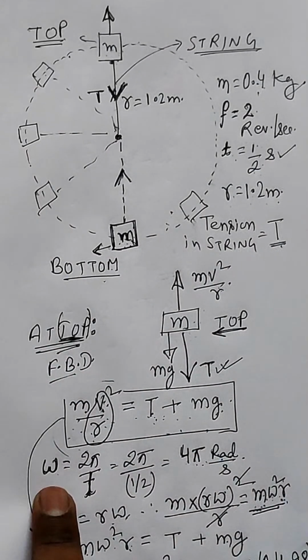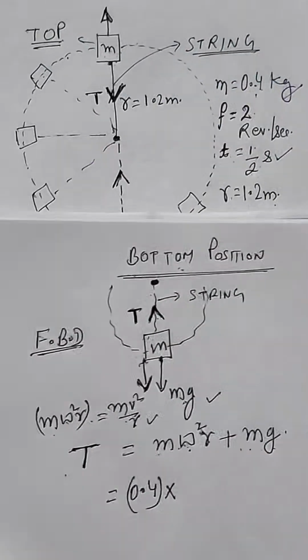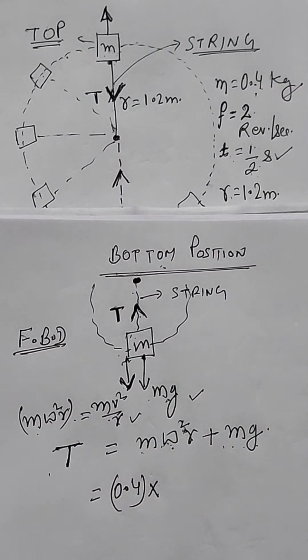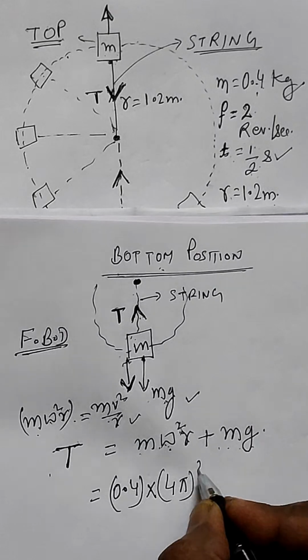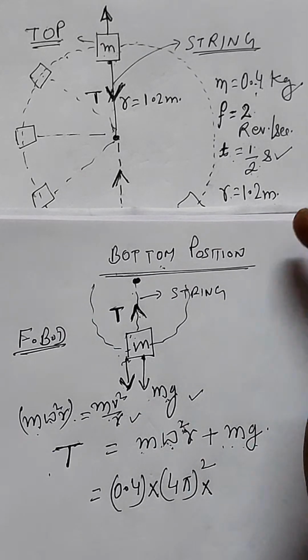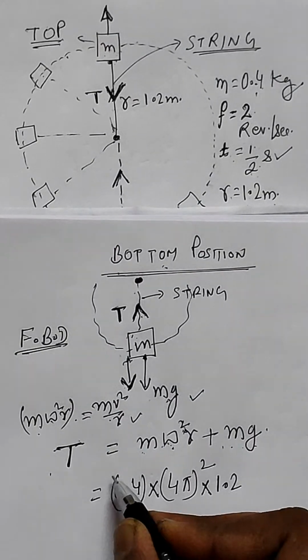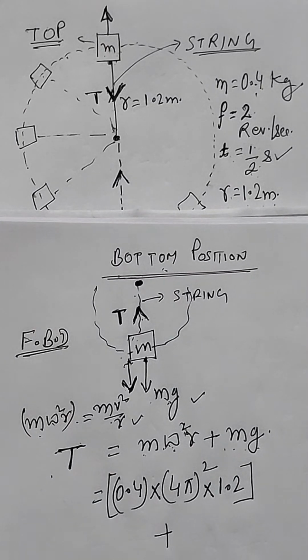What is the value of omega? It's 4π. So we write the value of omega as 4π whole square into the radius. What is the radius? It is 1.2 meter.